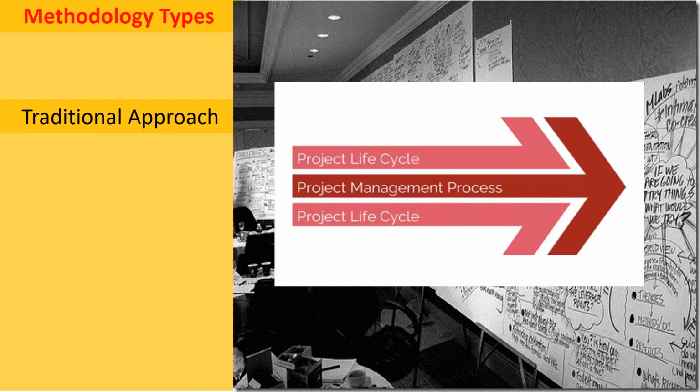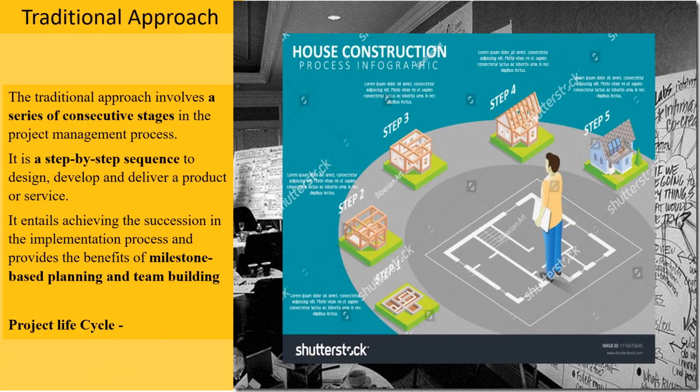Now, if we look at the different stages, if you see this house, you can see there are different stages, and the project management process in terms of initiation, planning, execution, monitoring, control, and closure would normally be in each one of these stages. But what normally happens is that we don't apply it to each stage.